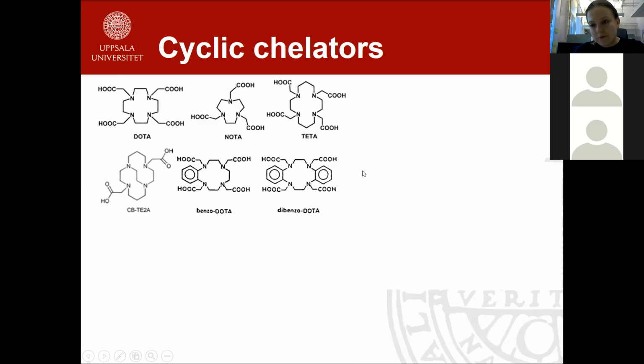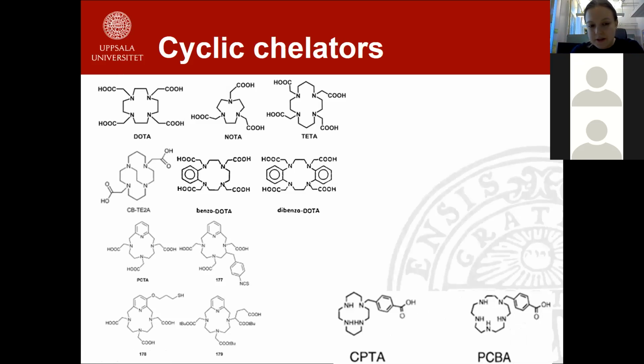So if some specific radionuclide requires more stable complexation, some of these alternative chelators can provide that extra stability of the chelation. So it really should be developed or selected for each nuclide individually sometimes.